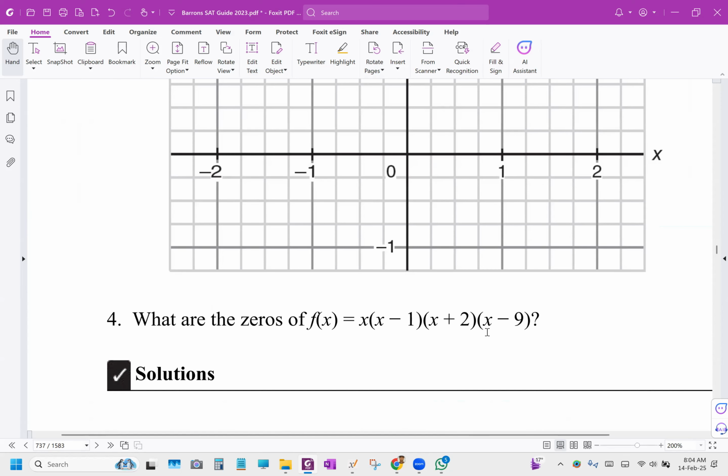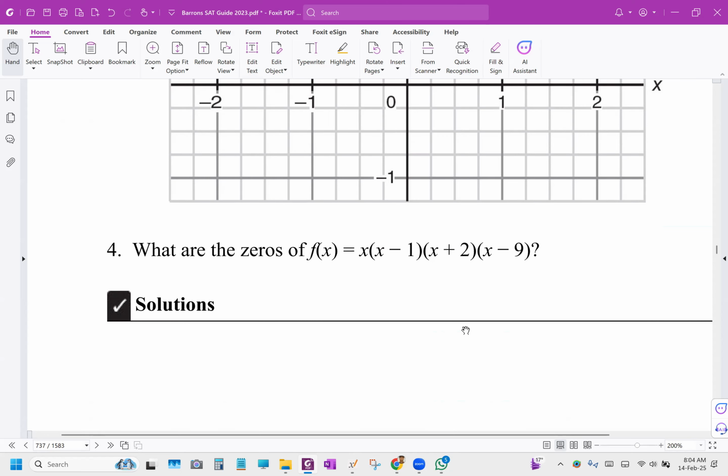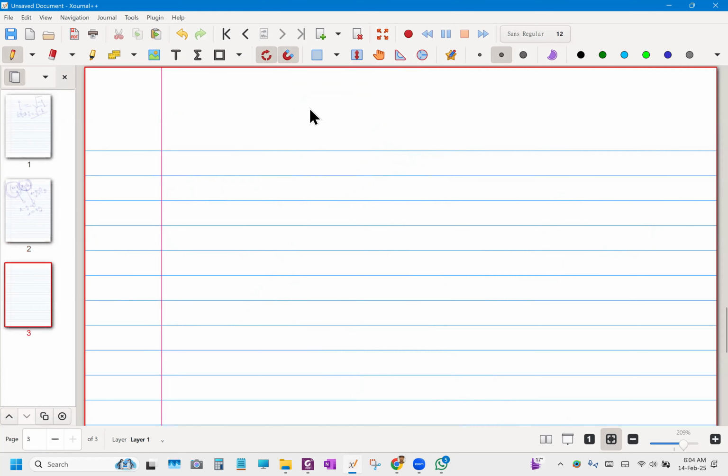You just need to equate every single term, every single product of this polynomial or this equation, with 0. What is the meaning? How and why are we doing it?